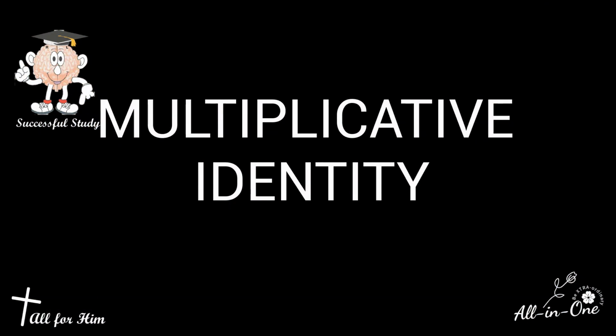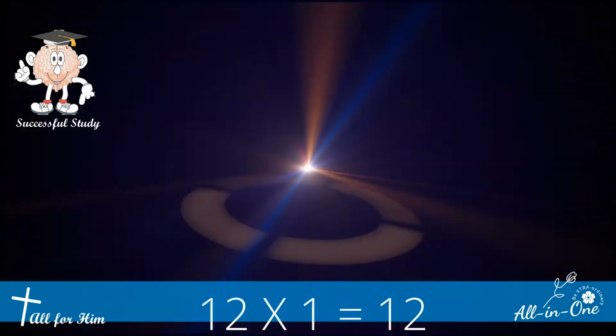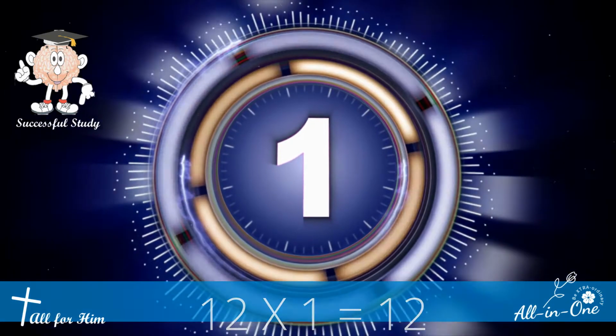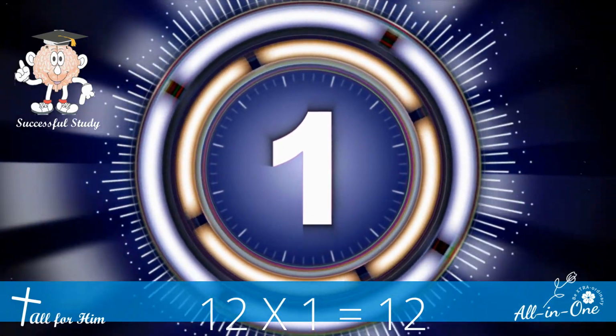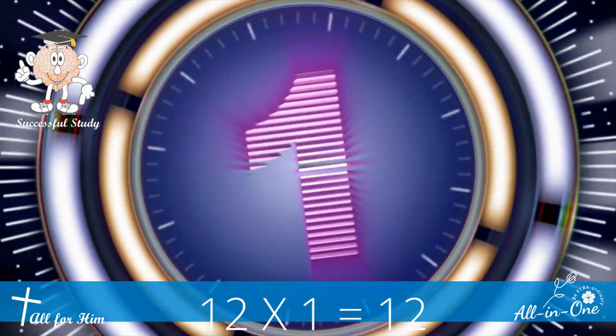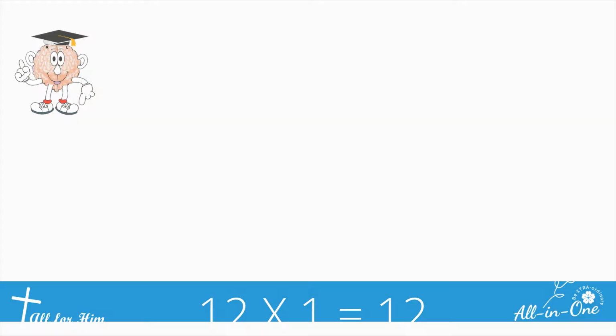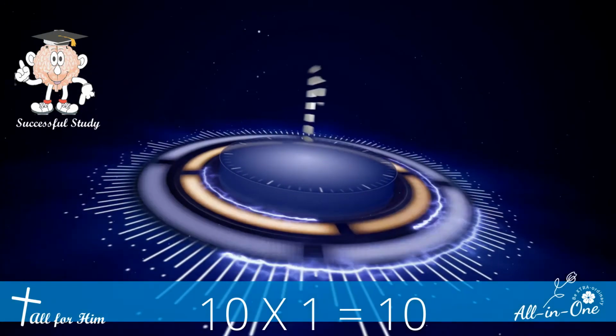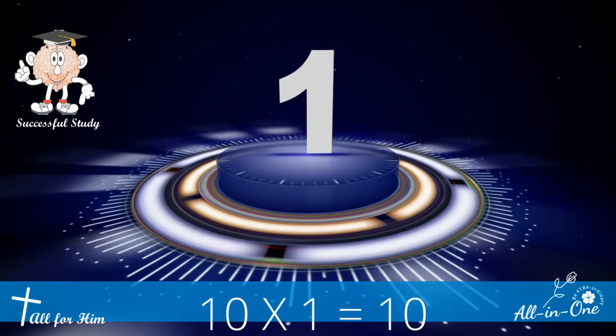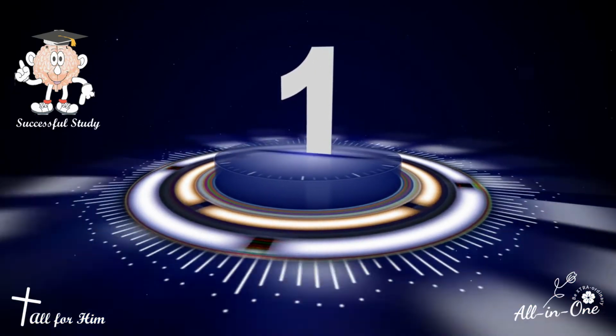Why? Because any number multiplied by 1 gives that same number as the answer. So if we take 12 and we multiply it by 1, we will get 12. If we take 10 and we multiply it by 1, we will get 10. If we take 5, multiply it by 1, we get 5.